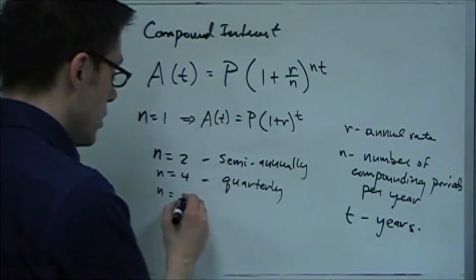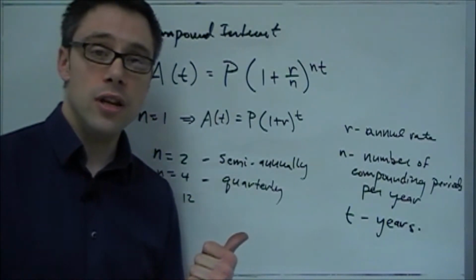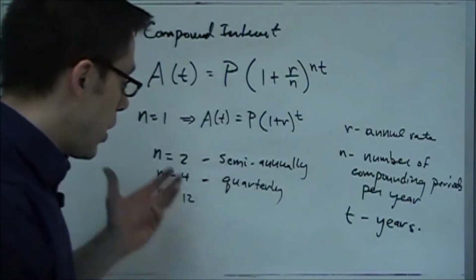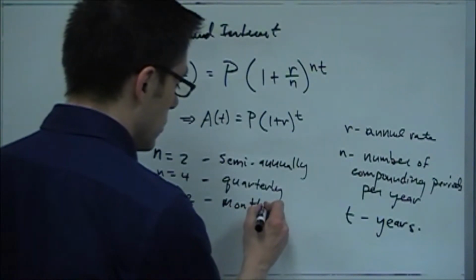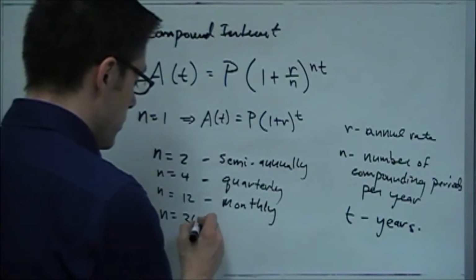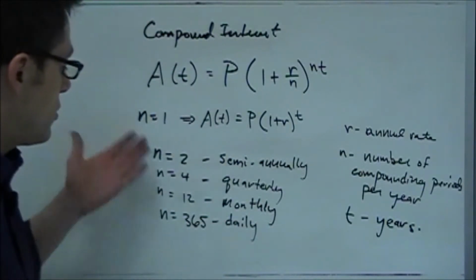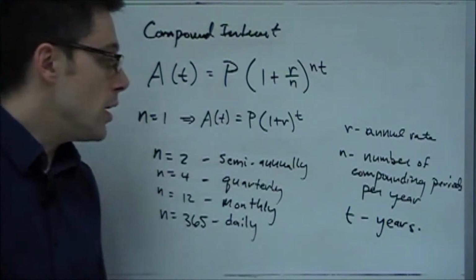If n is 12, this is another common number. This is when the interest is compounded monthly, since 12 is how many months in the year. And sometimes we have every single day, so 365 is daily. These are some of the more common values of n, but of course n can be anything in general.